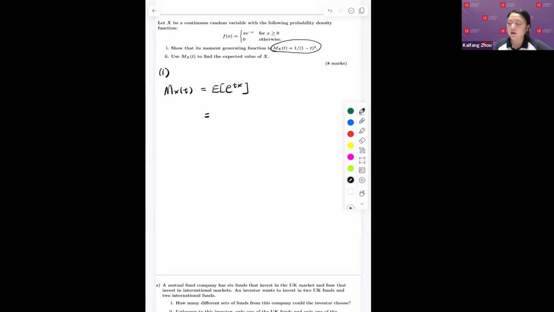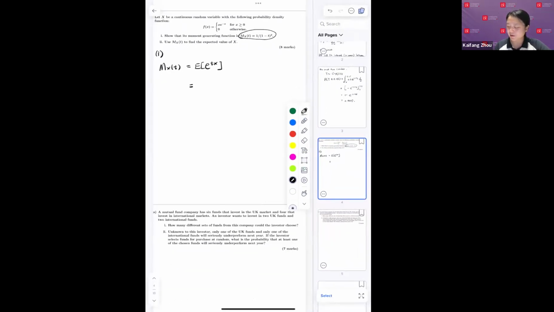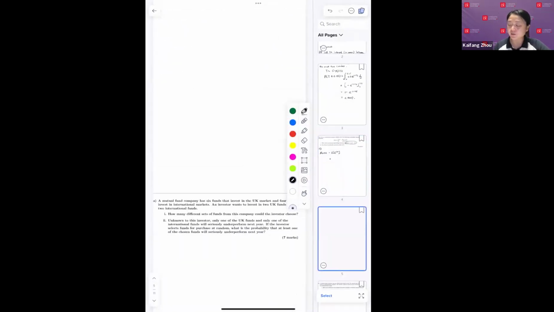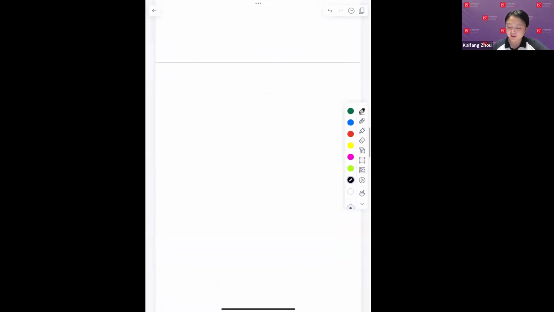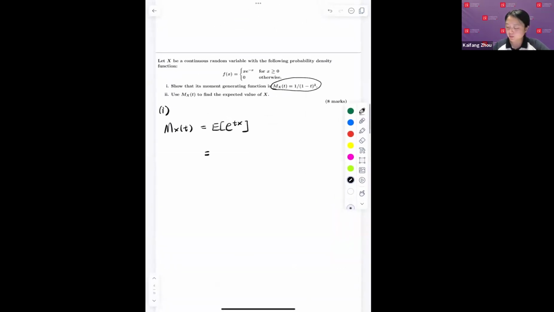The next step, which formula we need to use, will depend on whether our random variable is a discrete or continuous random variable. Looking at the possible values of our random variable X, they are greater than or equal to 0, so it's a continuous random variable.